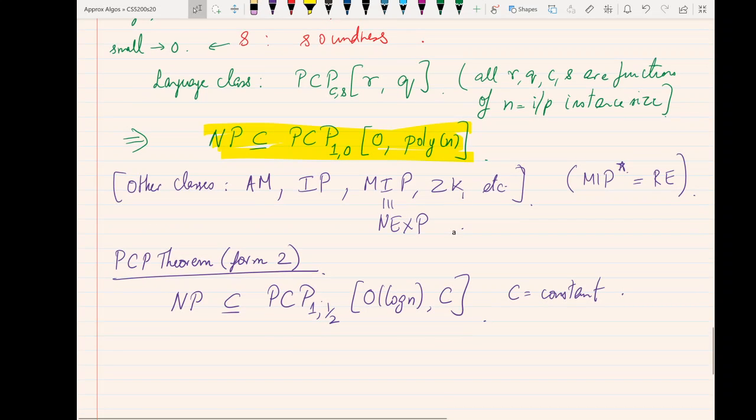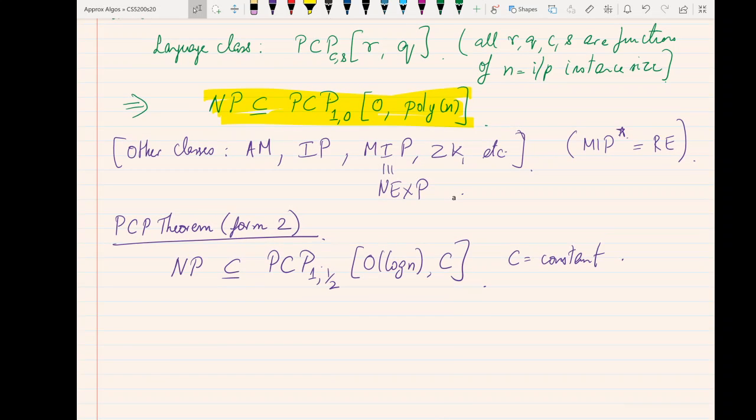This is actually a remarkable result because it says that all you need to do is query some constant number of bits of the proof and you can verify with good probability whether an instance is satisfiable or not. So this was the original form of the PCP theorem, and we'll see with a little work that this form 2 is actually in some sense equivalent to form 1.